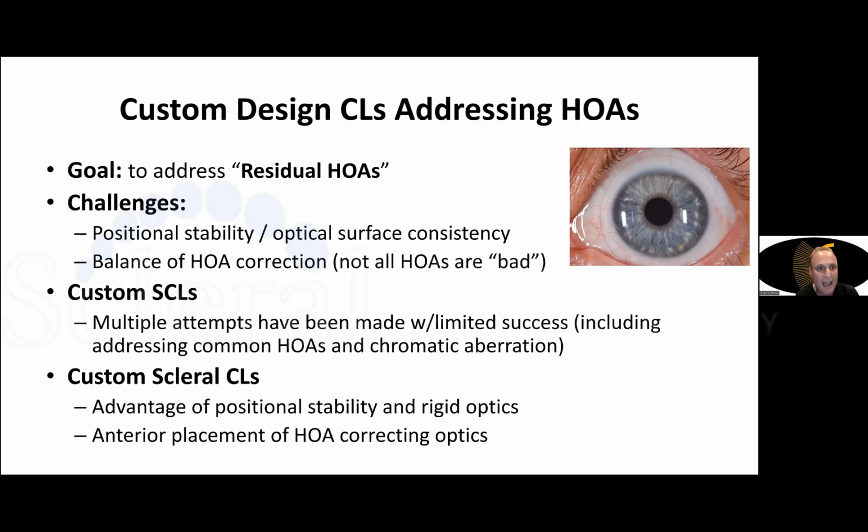In the slides before, I'll just jump back to them without showing them. I was talking about how other elements can address high order aberrations. There are some spectacle designs that try to address spherical aberrations, with minimal effect.